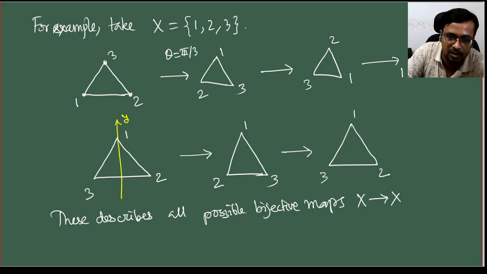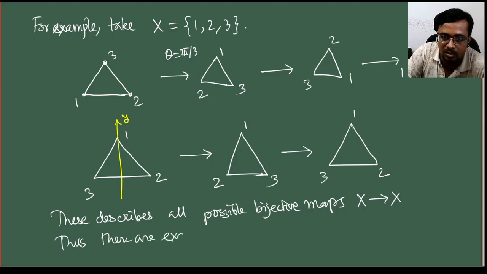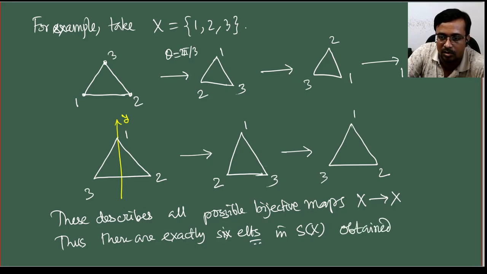So now, note that from this description, you see that there are exactly 6 elements in this group, obtained by composition of all such maps.